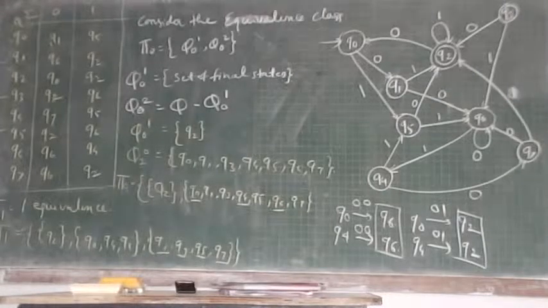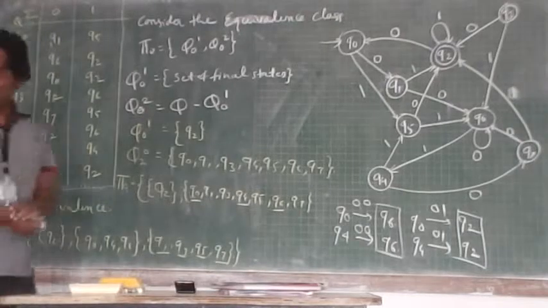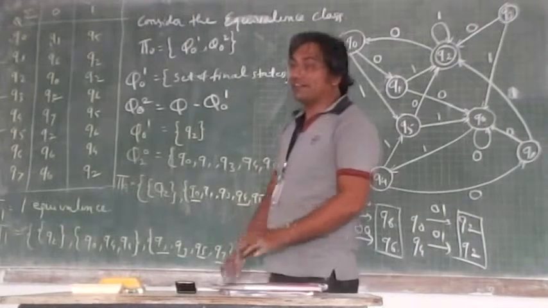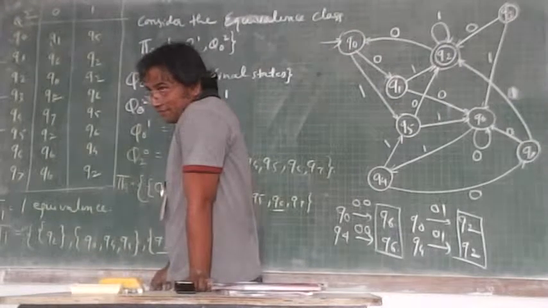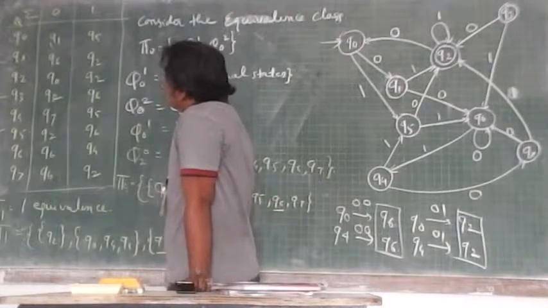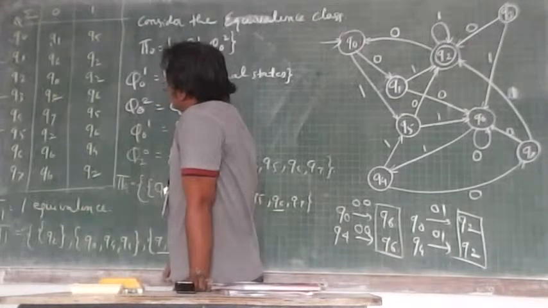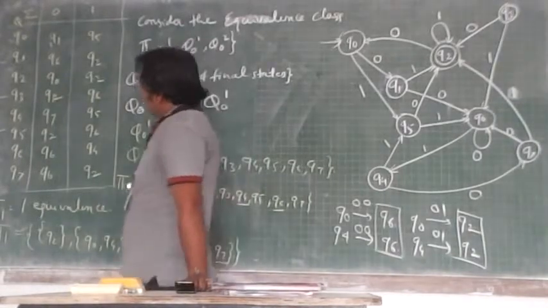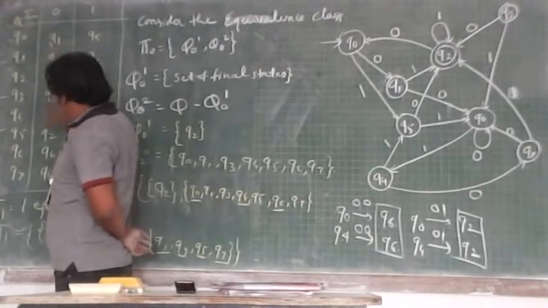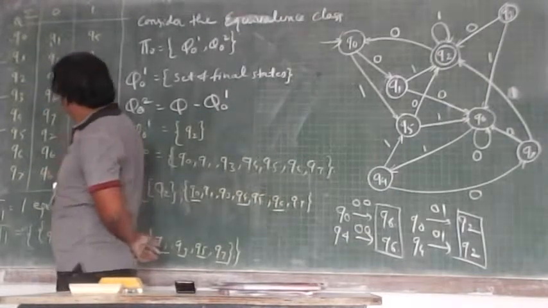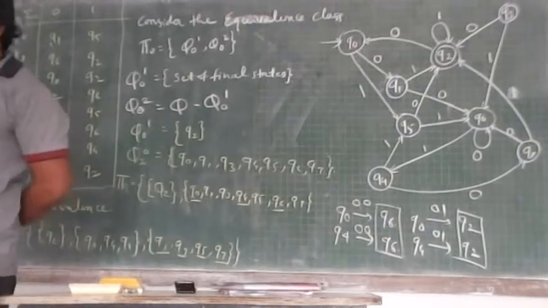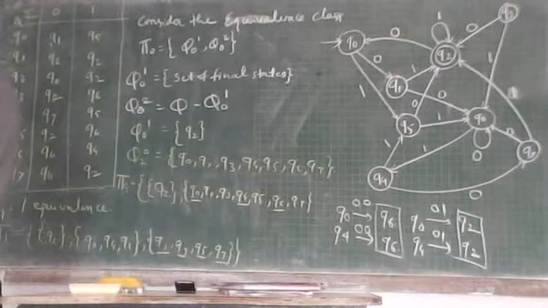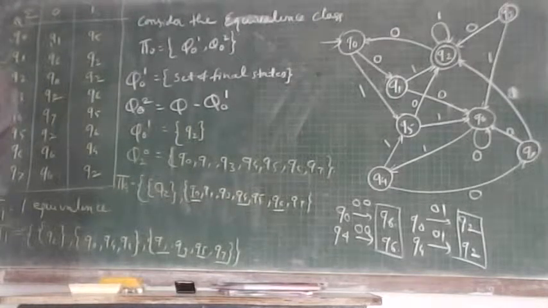Yes. हाँ बोलो. Q1 and Q7 for 0, Q6 is the non-final state, okay, and for 1, Q2. दोन्ही सेम नॉन दोन्ही 0 आणि 1 साठी नॉन फायनल अथवा फायनल पाहिजे.